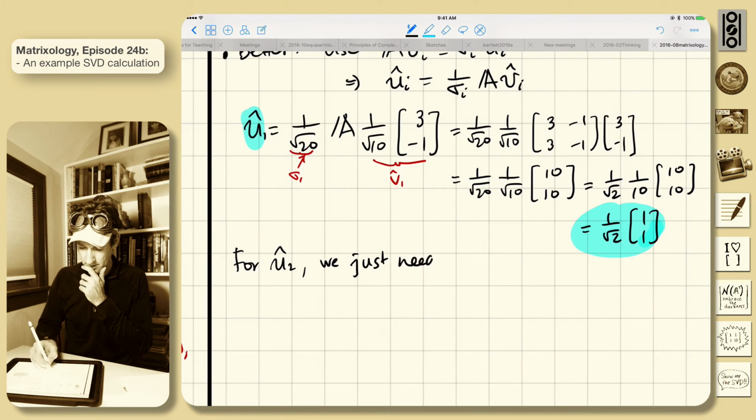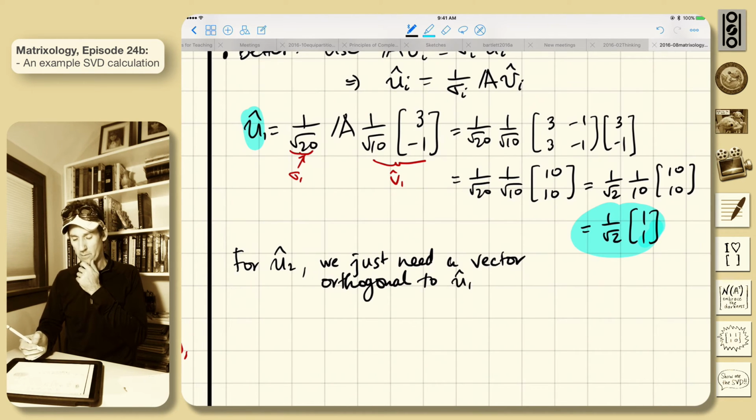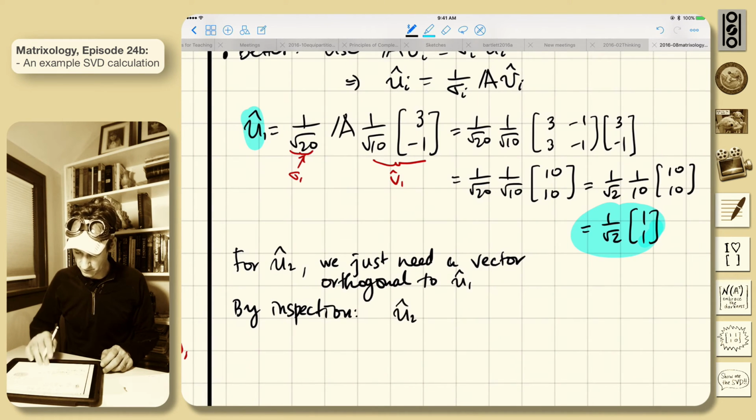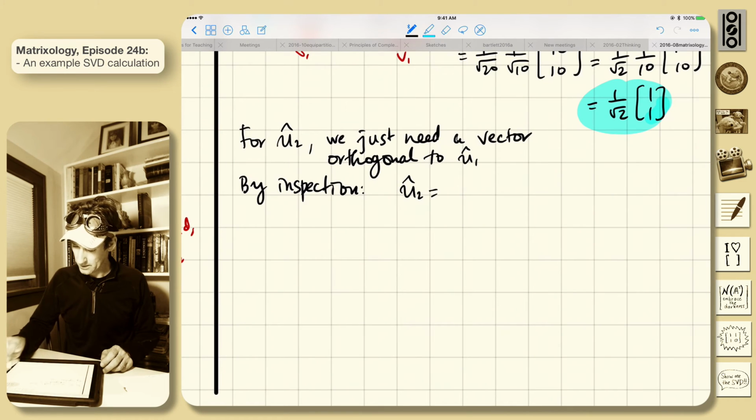We just need a vector orthogonal to U1, which we can just do by inspection. Because of our gained wisdom, we can just say U2 is equal to anything. Well, there are two choices.